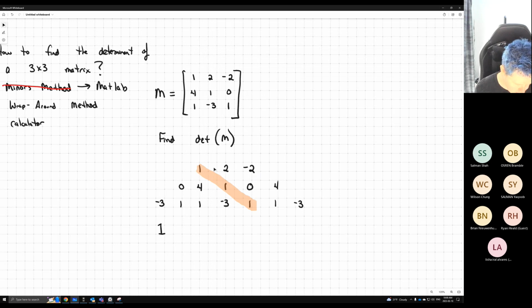Okay. All right, move to the next. Let's move to the next. 2 times 0 times 1. Well, that's 0. Write 0 down. Finally, the final right-hand diagonal. -2 times 4 times -3.